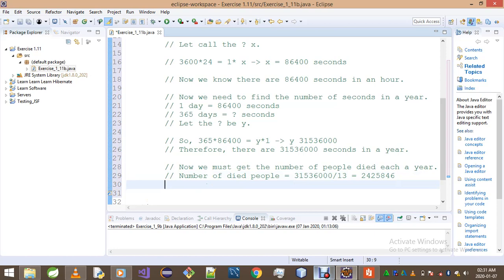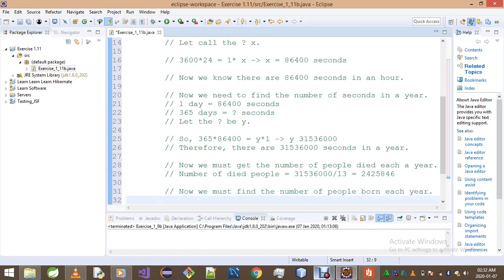Now we must find the number of people born each year. Number of newborns.